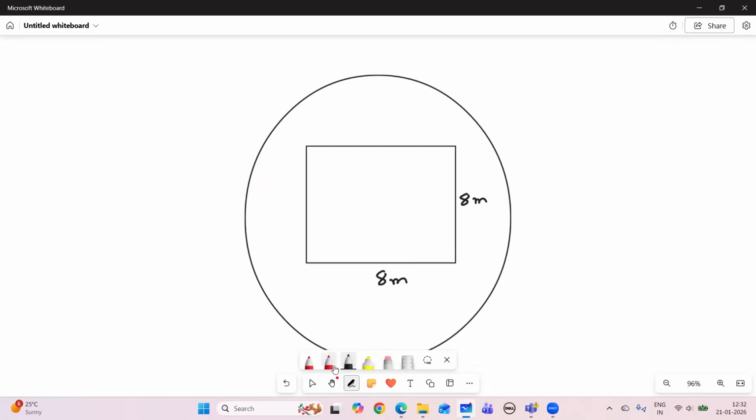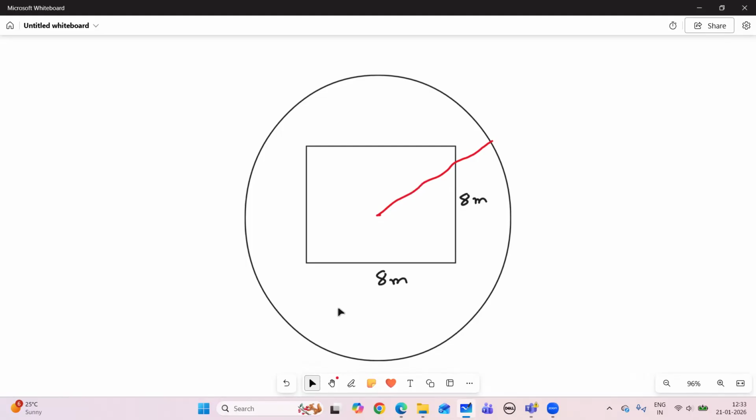And we have the radius of the circle, the radius of the circle to be how much? To be 20 meters. The radius of the circle is 20 meters. Let me draw it precisely.